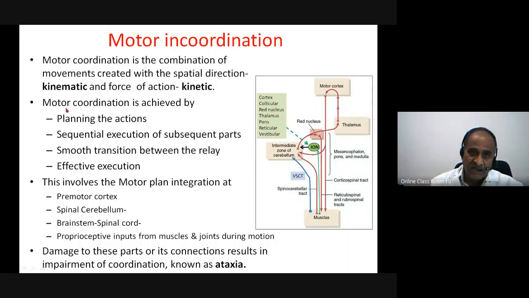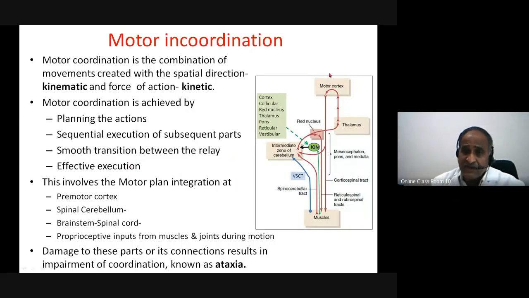Here, what I mentioned, motor coordination is achieved by, one, planning of action in the cortex and in the lateral cerebellum, and the sequential execution of the parts that is happening in the muscles, and the smooth transition between the relay. So that means from this part to this part, there should be a smooth transition, and finally performing exactly.